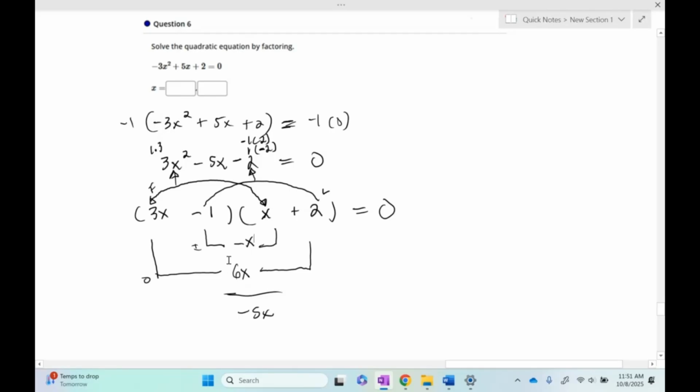Well, if I have -x plus 6x, that's going to give me a +5x. So I want to change my numbers around, because I don't get the right middle term. So I'm going to change these around to make this a +1 and that a -2.